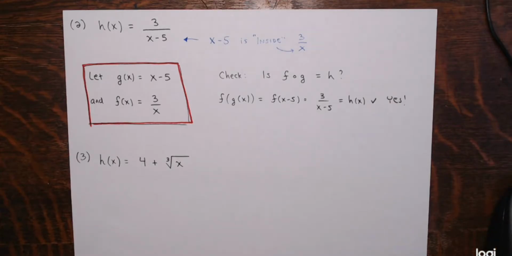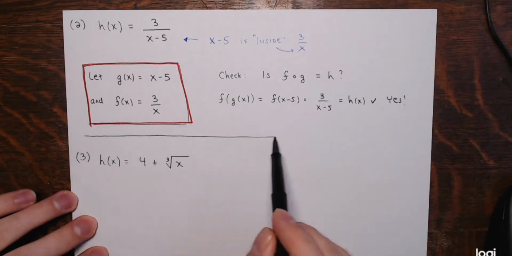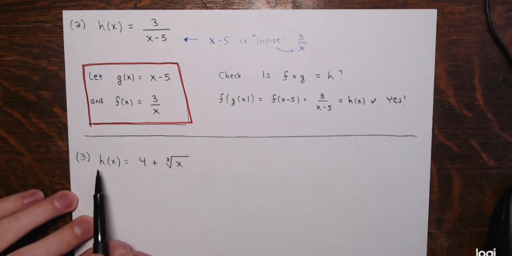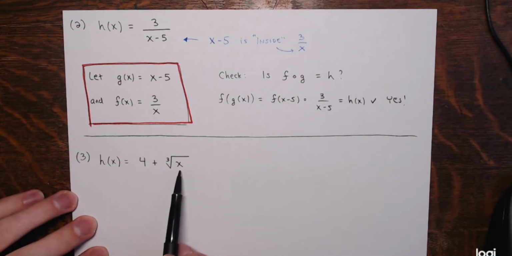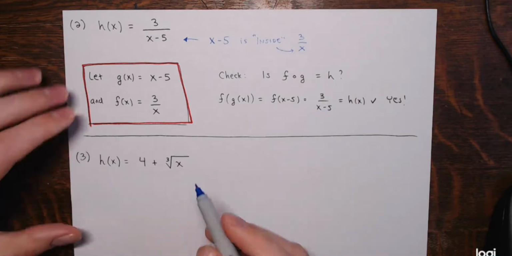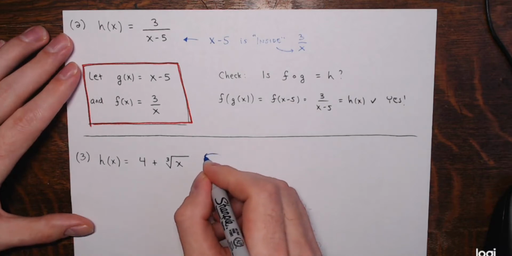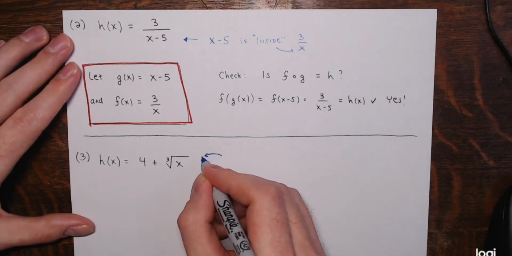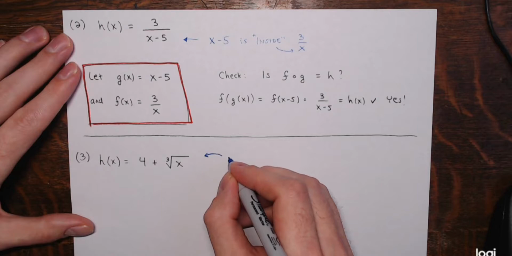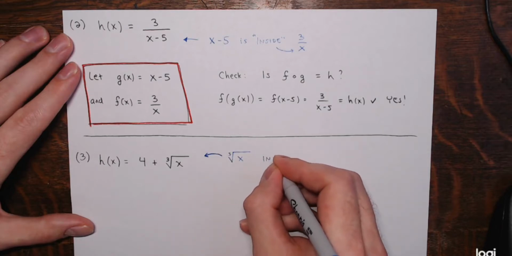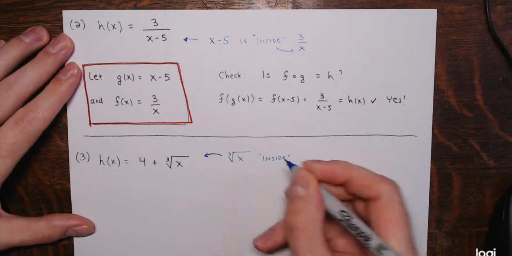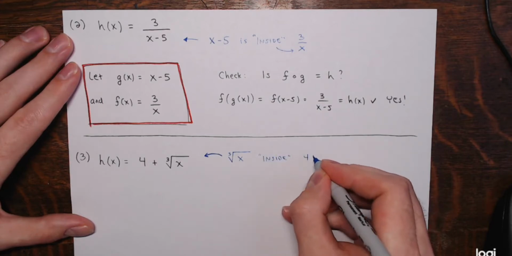Okay, example 3. So here we have h of x equals 4 plus the cube root of x. So the most complicated of any of the parts of this expression is this cube root part. This is like having the cube root of x inside, and I know it's not really inside anything, but inside 4 plus x.